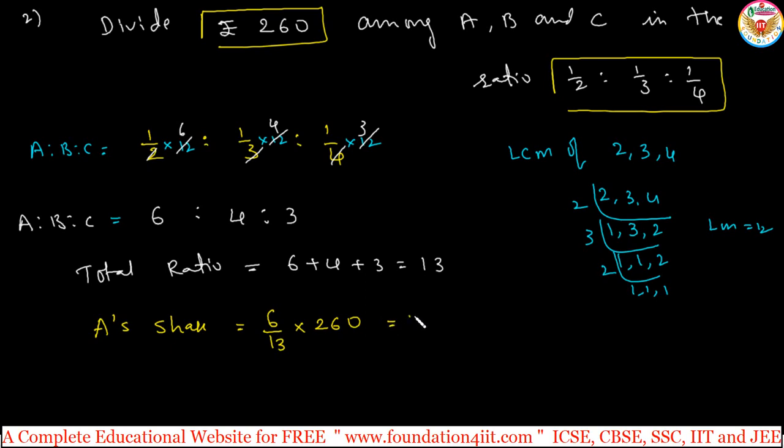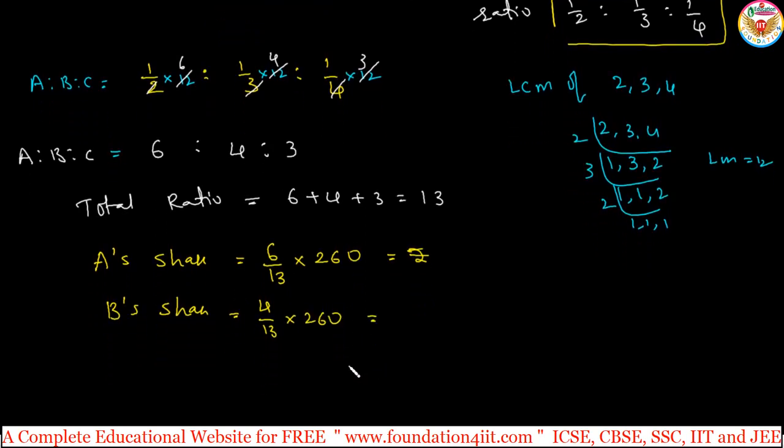You can simplify this. Same way, if you want B's share, B's ratio is 4, so 4 by 13 into 260. You can simplify this. And C's share: C's ratio is 3 by 13 into 260. Just simplify, you'll get the answer.